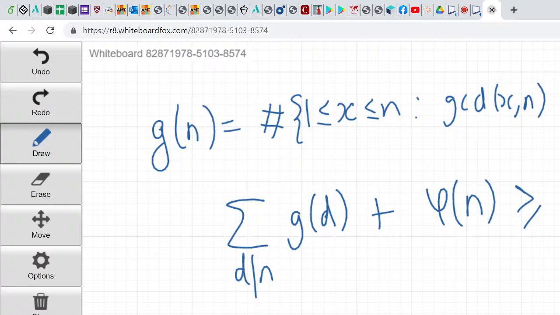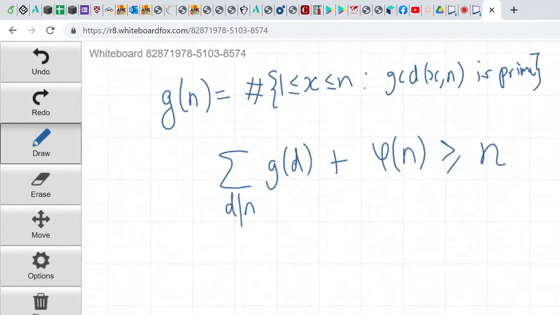Okay. So try this for small cases. Try this for n prime, for example.